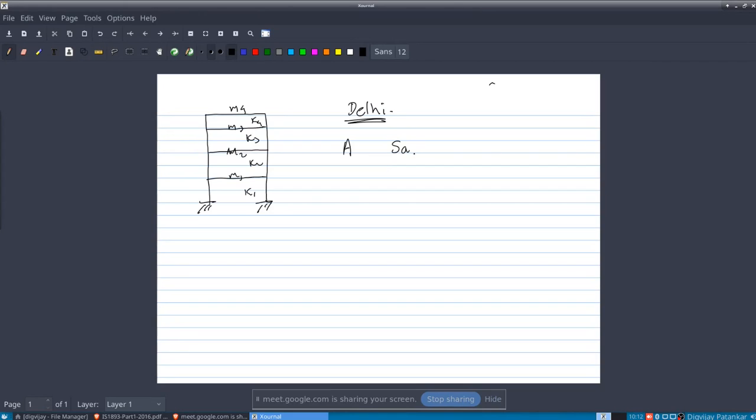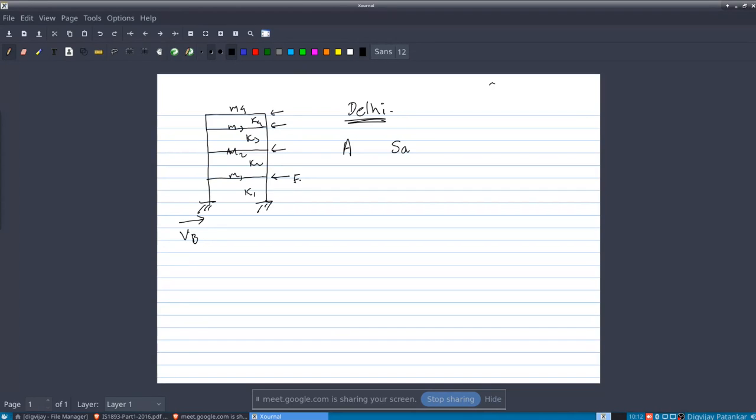We will find that out, and based on that we will decide the base shear VB that is expected to act on this structure, and this base shear will then be distributed as force at each story.